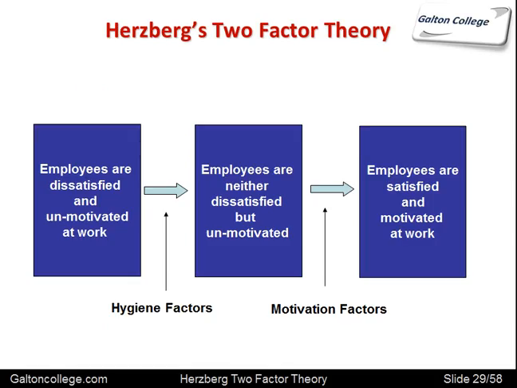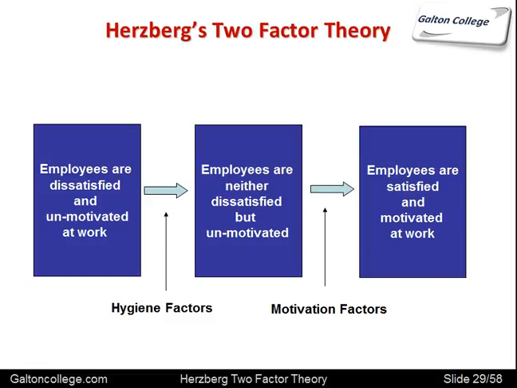Now you remember, that's our diagram we had earlier. So we've talked about the hygiene factors, which are the ones that move us from a dissatisfied and unmotivated workforce to one which is not dissatisfied. I know it's a double negative, but they're not dissatisfied. They're not satisfied either. They're just not dissatisfied.